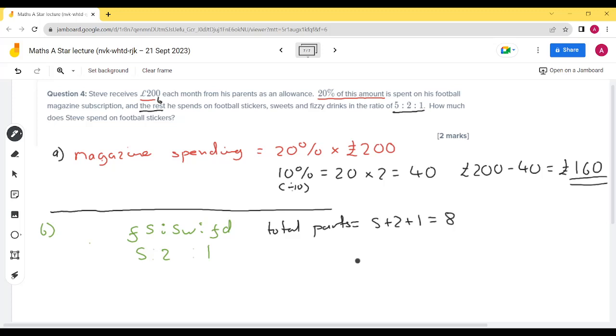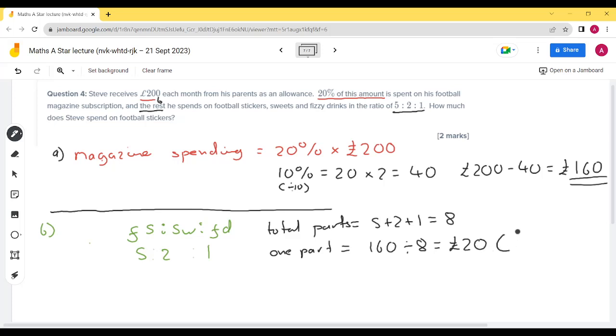And then we need to do that for one part, which equals 160 divided by 8. Well, the easiest way to do that is 16 divided by 8 equals 2, plus the 0, so equals £20.